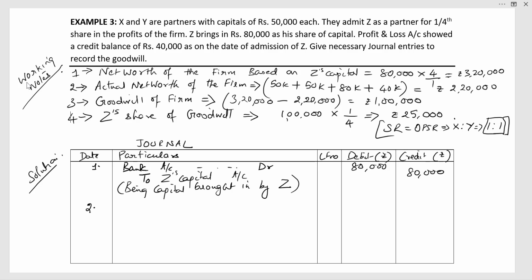The second entry is for adjusting Z's share of goodwill. He does not bring it in cash, so we'll adjust it through his current account.